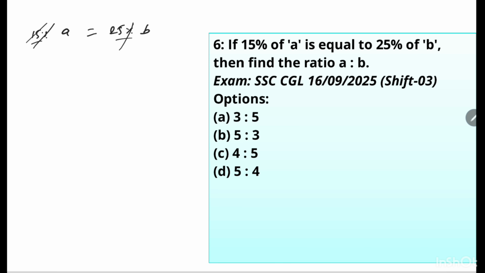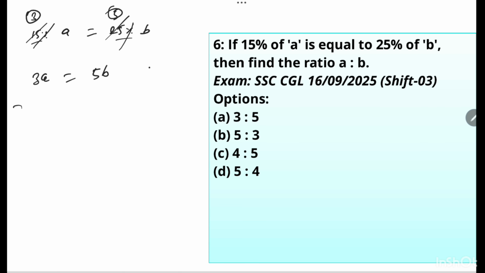We will divide by 5 each. It will be 3 here and 5 here. So 3a equal to 5b.